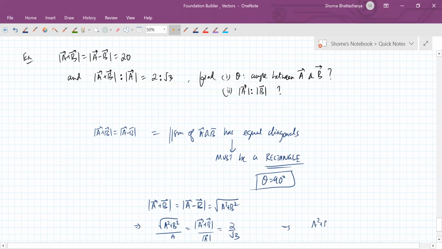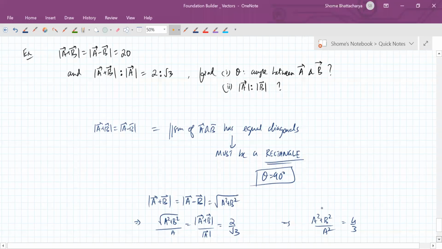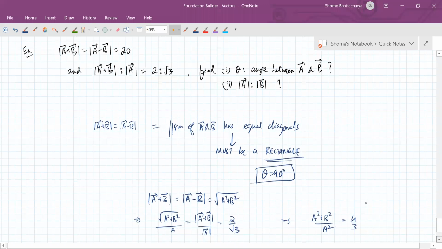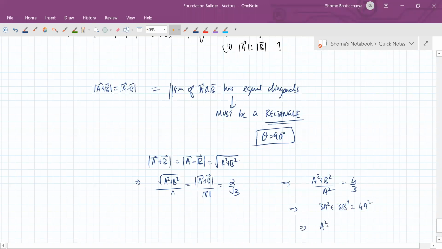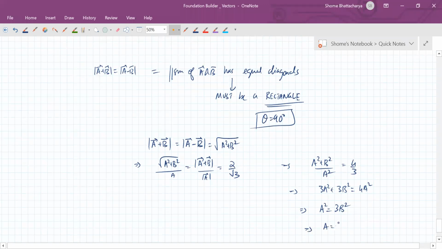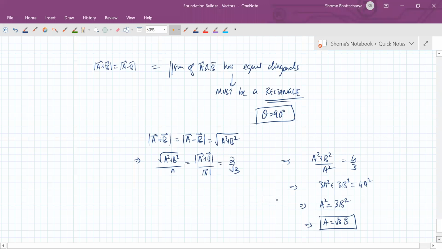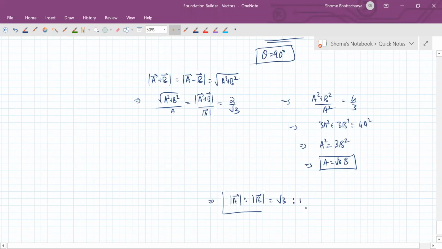So a square plus b square upon a square, squaring both the sides, is nothing but 4 by 3. So 3a square plus 3b square is equal to 4a square. That means a square is equal to 3b square, so a is equal to root 3 times b. We won't take plus minus because a is a positive quantity here. So magnitude of a is to magnitude of b is root 3 is to 1. That's it.